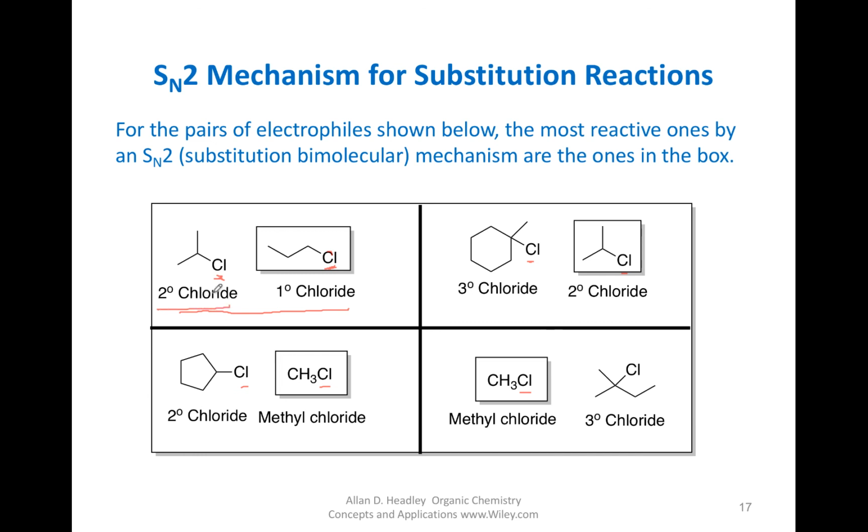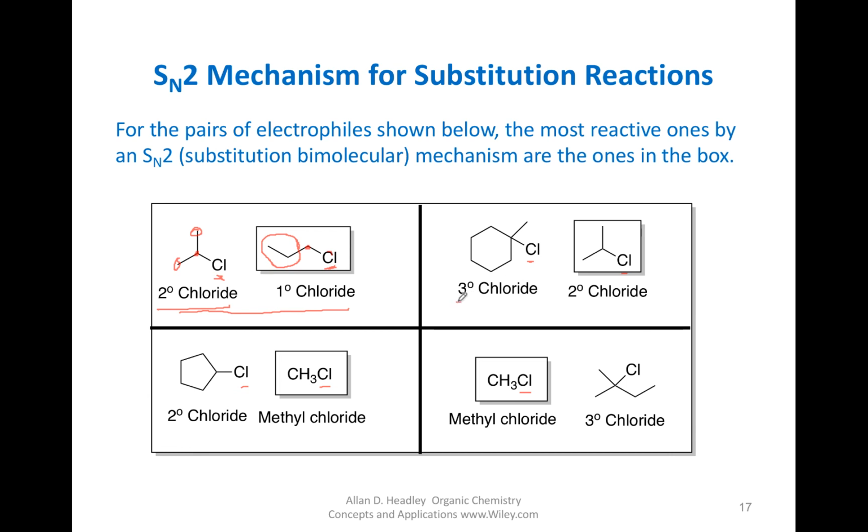This chloride is a secondary. Why? Because it's bonded to 1 and 2 alkyl groups. This chloride is primary because it's bonded to just 1 alkyl group. So therefore, this is the faster or the more reactive chloride.